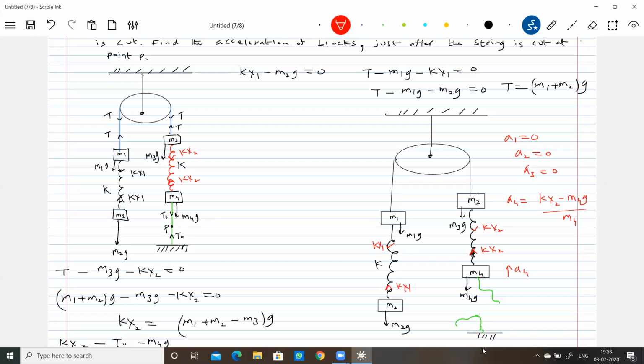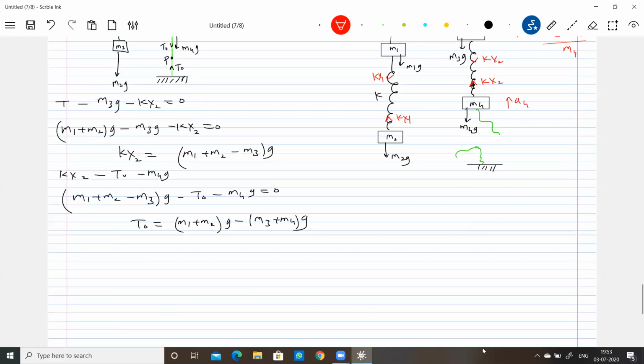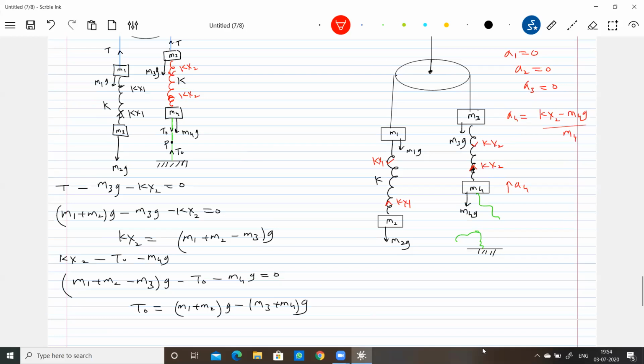Yes, that's what we got, M1 plus M2 minus M3 G. So what is the value of A4? Should be equal to M1 plus M2 minus M3 G minus M4G by M4. This will be the acceleration, and this acceleration will be directed vertically up.